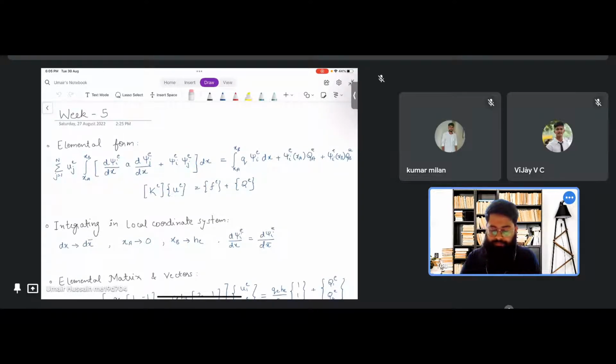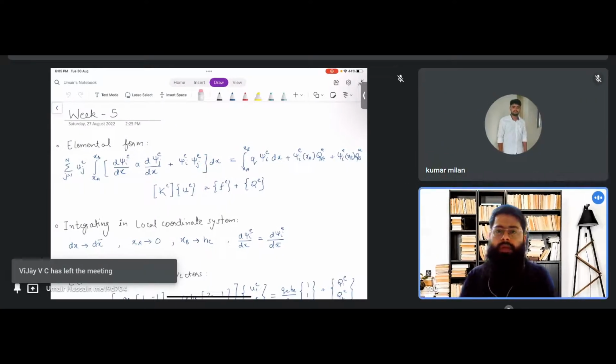Until last class, we studied the weighted residual method and then started with the finite element method. The basic difference between FEM and other methods was that in FEM we discretize the domain. The number of equations coming up mainly depends on how we discretize the domain, how fine the discretization is.